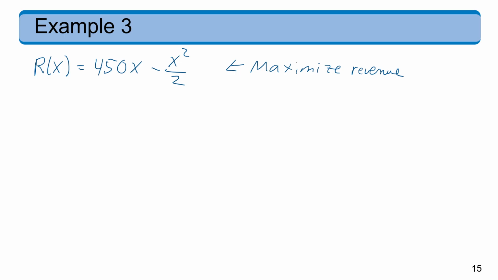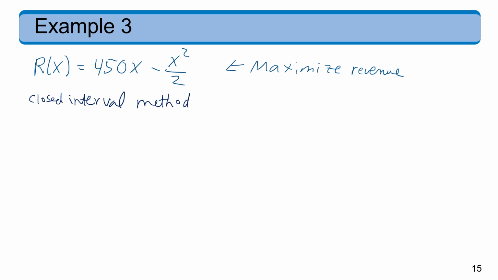So here's the revenue function we just found. We know we want to maximize this. So let's think about what technique we want to use. We really want the absolute max, right, rather than a local max. And for absolute max, we would use the closed interval method. But we would have to figure out the closed interval to use.